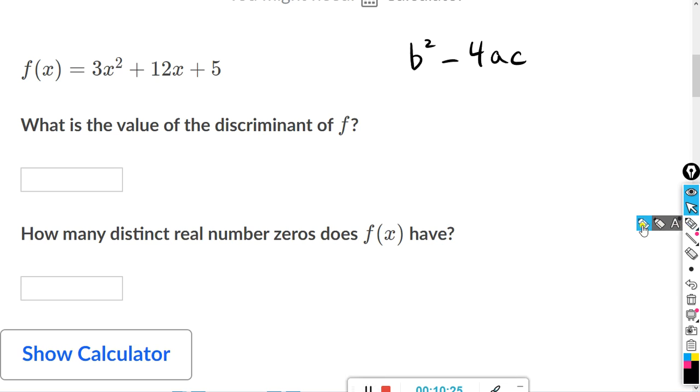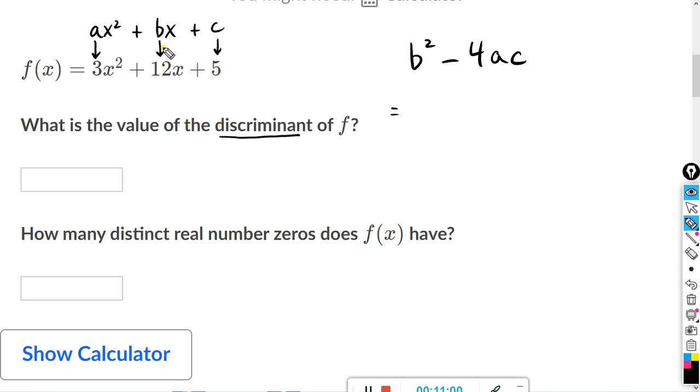So they want us to find the value of the discriminant. This is the formula for the discriminant. We just want to get our coefficients. Remember, this quadratic equation is of the form ax squared plus bx plus c. So a is just going to be 3, b is going to be 12, and c is going to be 5.